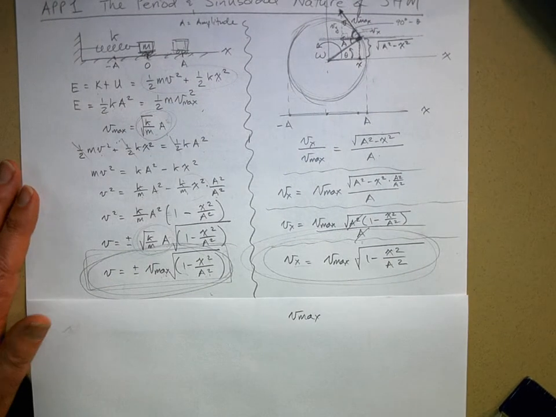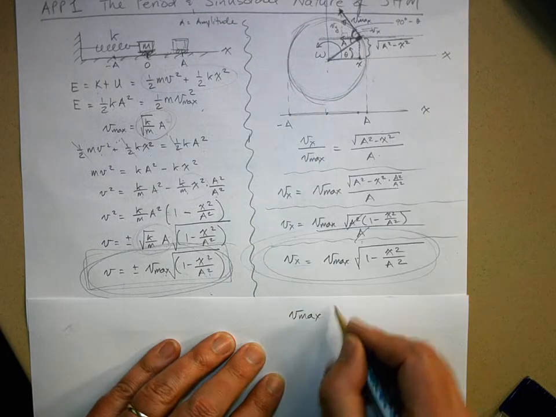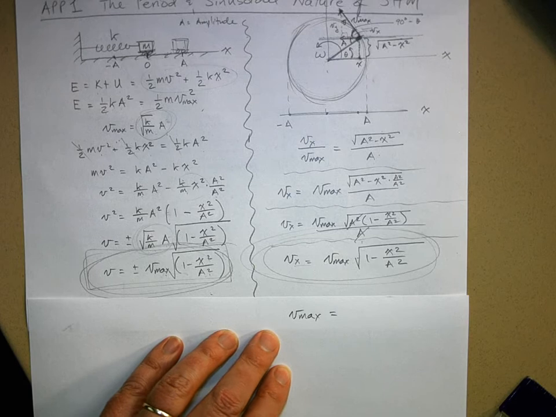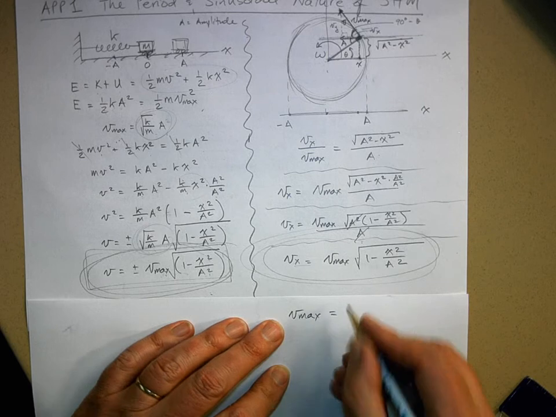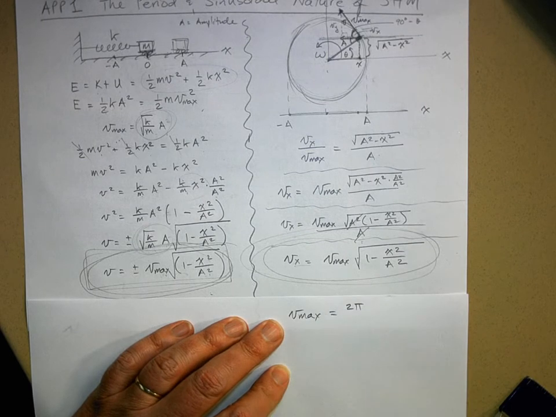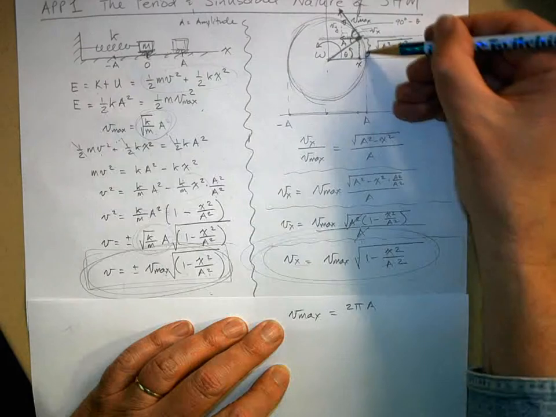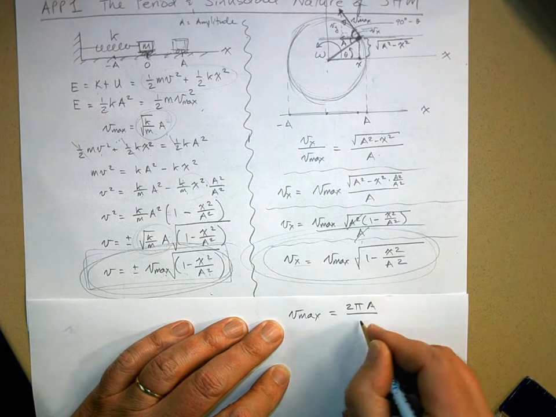See, the maximum velocity for this, well, it's really speed. It's the distance around divided by the period. That's what we want. We want the period. So this is going to be 2 pi, but what are we using instead of r? 2 pi a. That's the distance around this circle one time. We're going to divide that by the period.